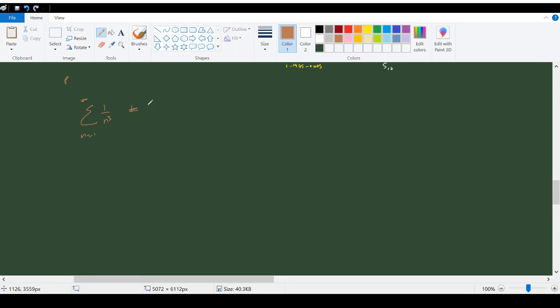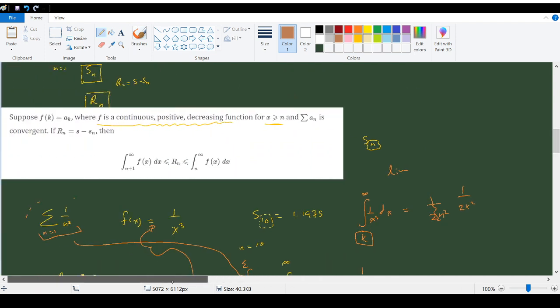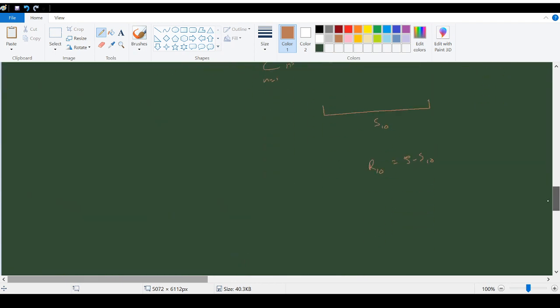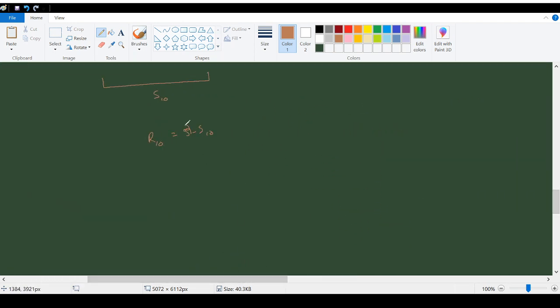So the series should have a finite value, but we don't have sufficient tools to find it. So we added the first 10 terms, but since we only added the first 10 terms, we know it will definitely have an error with the actual answer, which is S. From the inequality, the new theorem that we learned, although we don't know the exact answer, we have the tools to determine an inequality for the error, which in this case is 0.005 and 0.004.